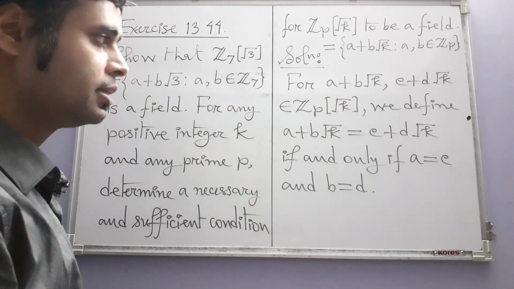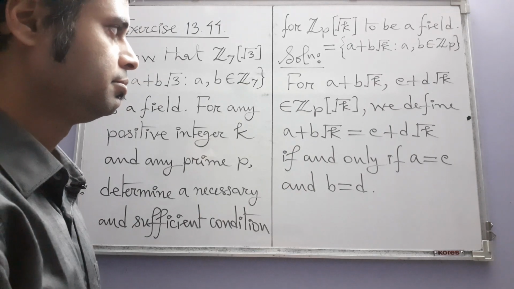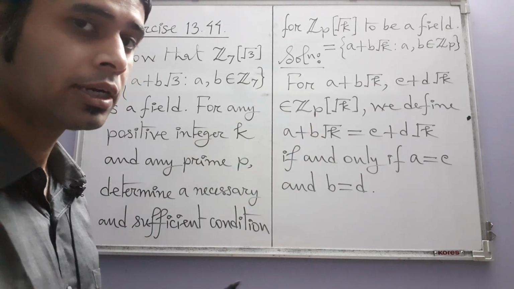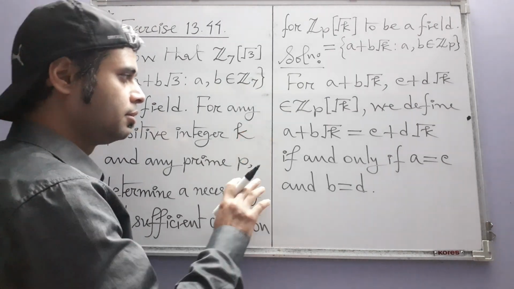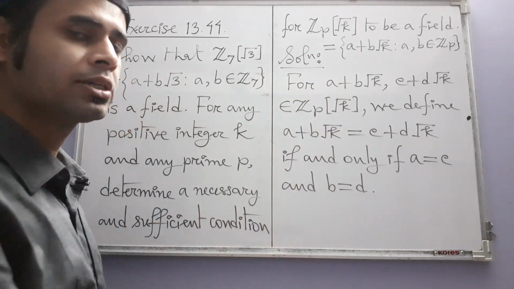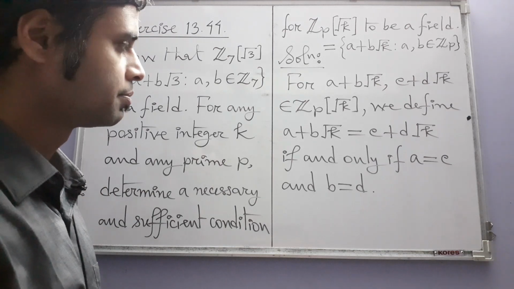But the question is, why do we need to define equality in this set? Do we not already know this? Actually, we do not know this. Why? Because you see that these symbols are not complex numbers. They are just some abstract symbols.